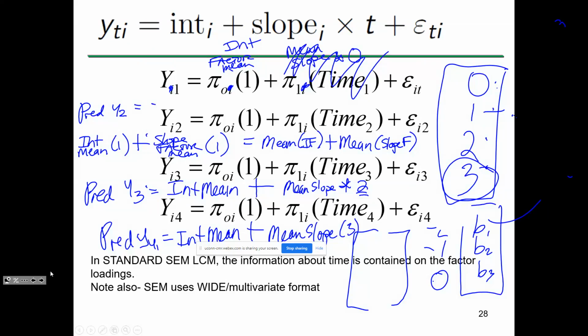I estimate a factor variance for the intercept. I estimate a factor variance for the slope, right? And I still estimate a covariance. And so actually with 3 time points, I've got 6 parameters, right? Not that different from over here where I had 7 parameters on the variance covariance side.